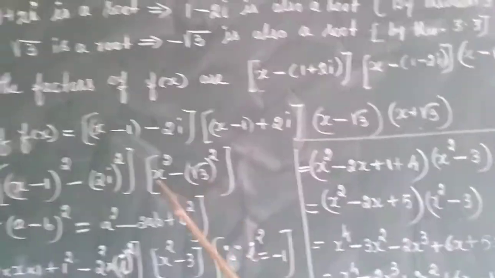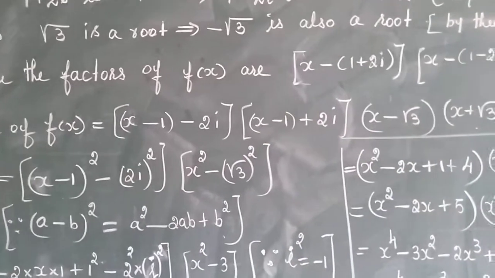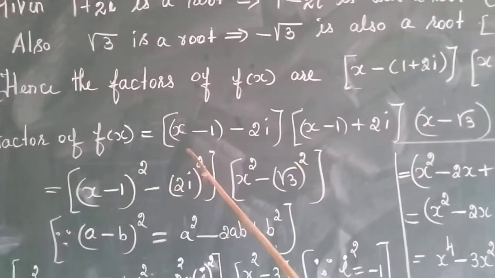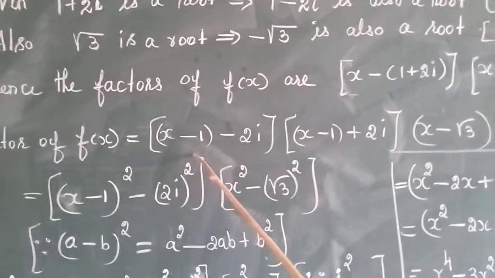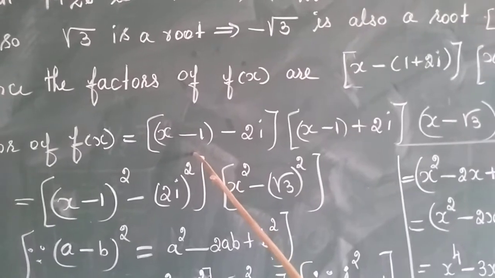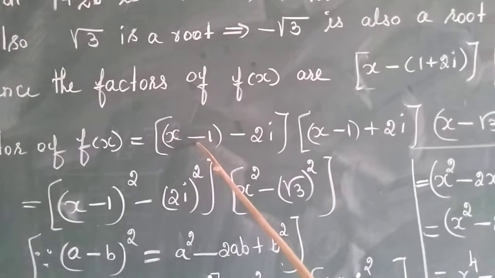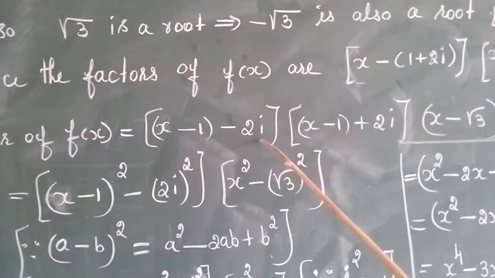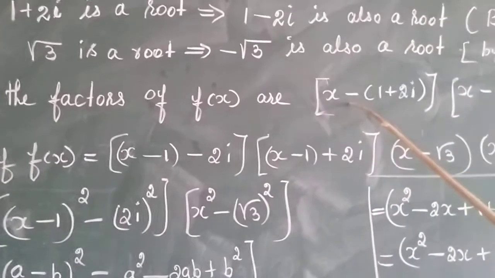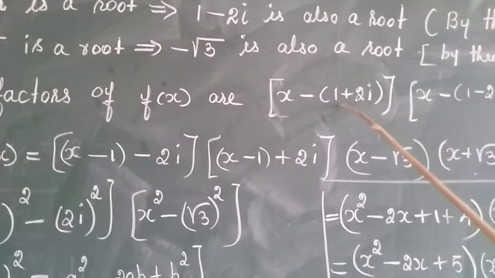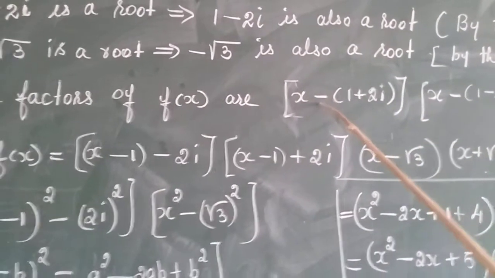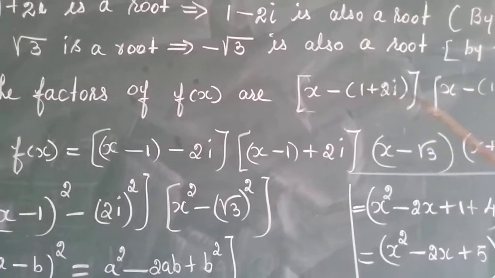Now we are going to multiply all these 4 factors. Before multiplying, we are trying to separate the rational coefficients and the imaginary part. This with the minus sign, when you multiply the inside, you will get x minus 1 minus 2i.